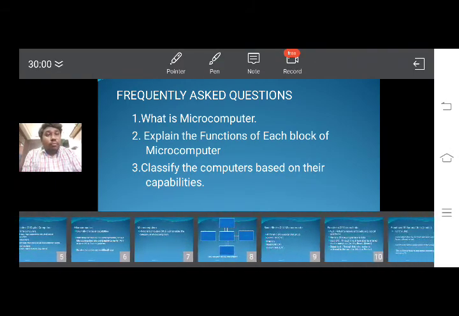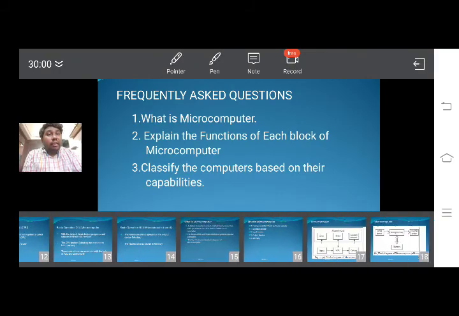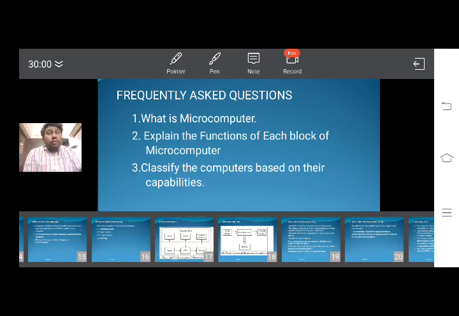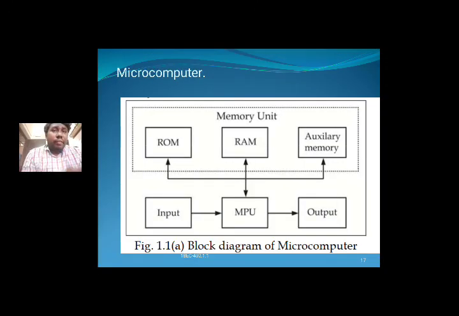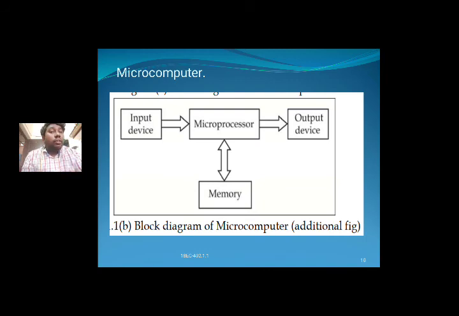The main ones are the RAM, auxiliary memory, input, microprocessor unit, and output unit. This is the basic block diagram of the microcomputer, and it is important to draw in the examination. Both the diagrams are very important while discussing the microcomputer.